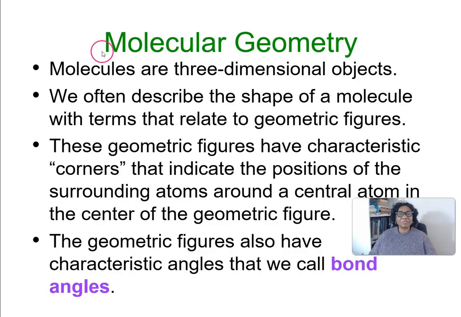Let's look at the shape of the molecule, called geometry. Molecules are three-dimensional objects. We often describe the shape of a molecule with terms that relate to geometric figures. These geometric figures have characteristic corners that indicate the position of the surrounding atoms around a central atom.